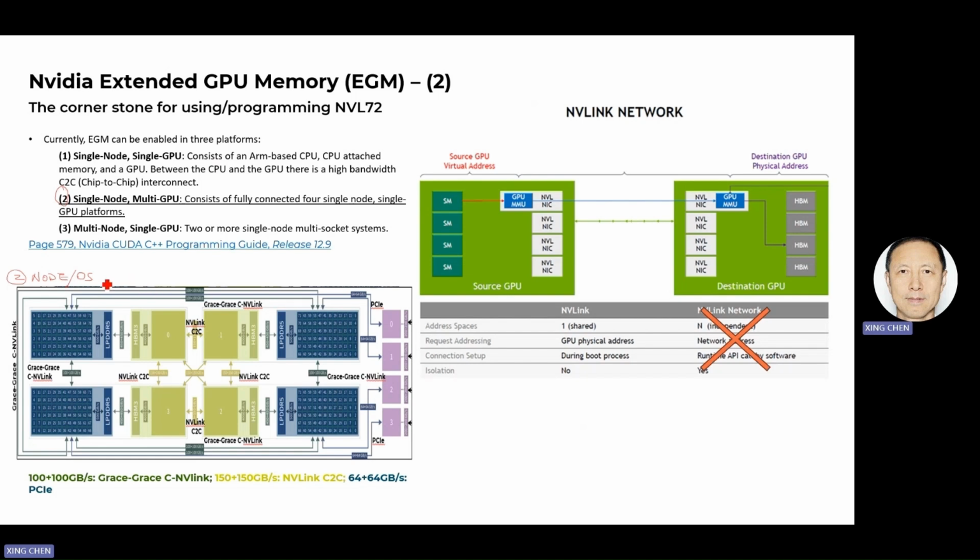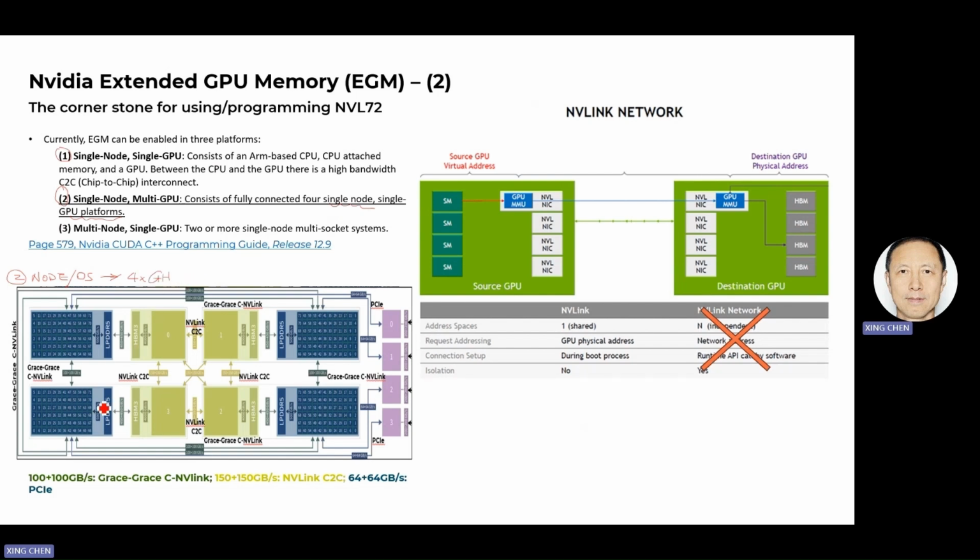And this system consists of fully connected 4 single node, single GPU platforms. And single node, single GPU platforms are type 1 systems, are superchips. So type 2 systems are a single node made of 4 Hopper superchips.